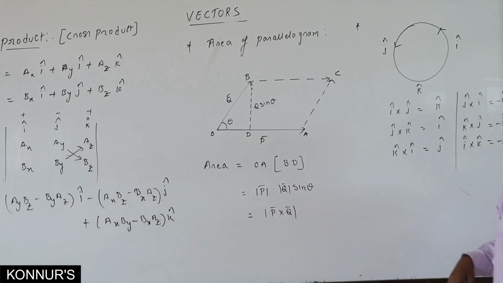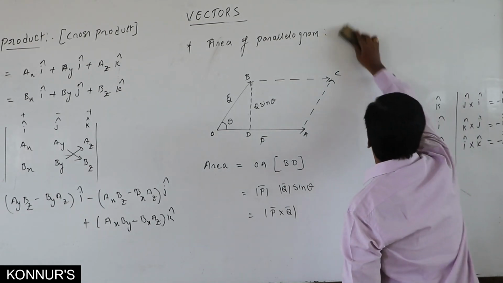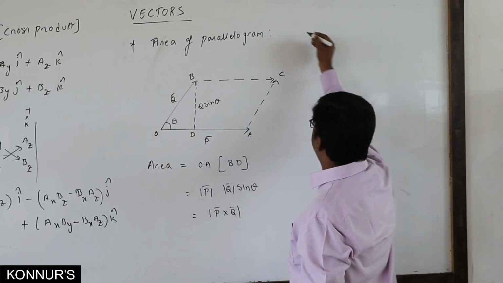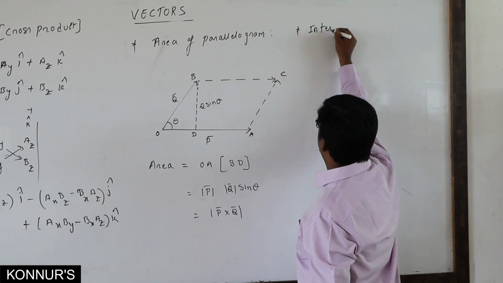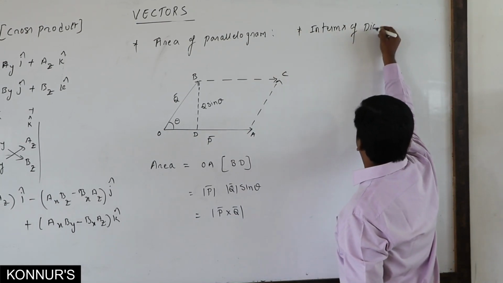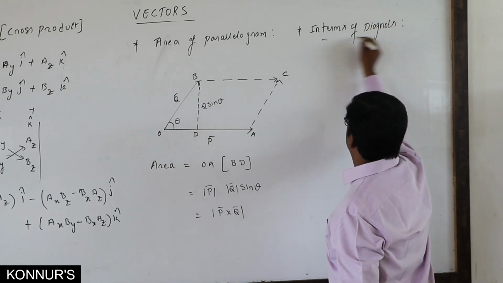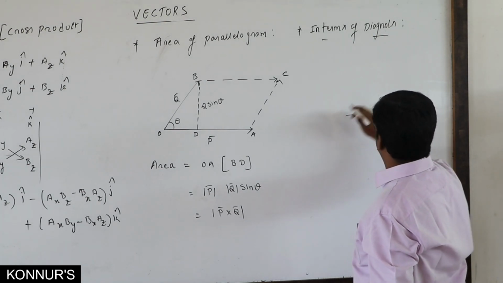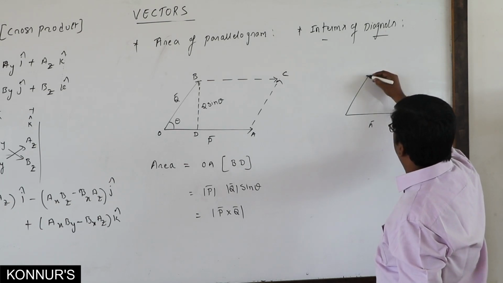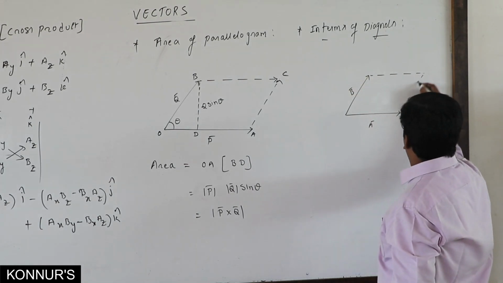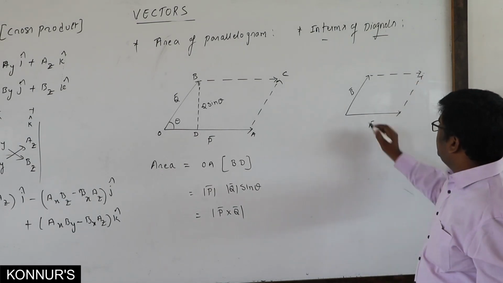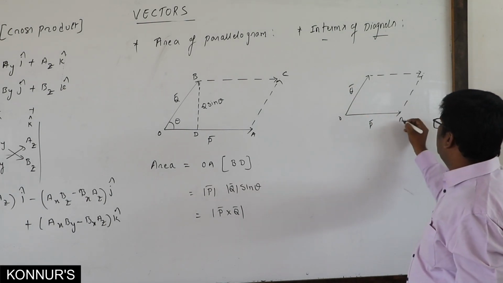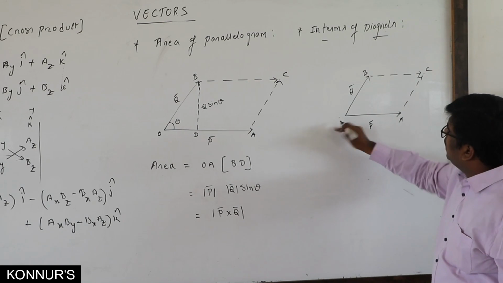But sometimes they will give the diagonals. Suppose the diagonals are given in terms of the vectors. Here is OA, BC, and the diagonals.